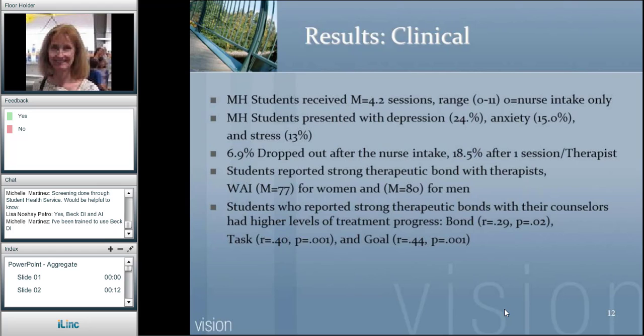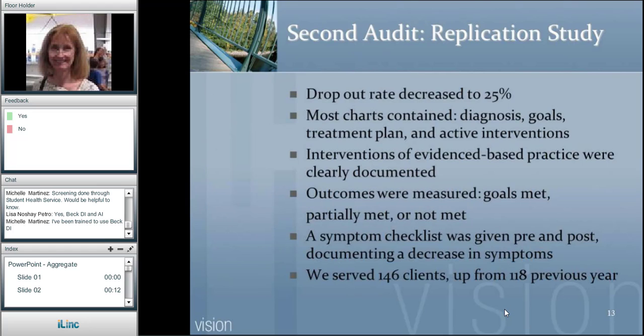Anyway, they did another audit the following year, and they found that their dropout rate had decreased significantly, down to 25%. They were finding that the charts contained diagnosis, goals, treatment plans, and interventions. Interventions of evidence-based practice were clearly documented.